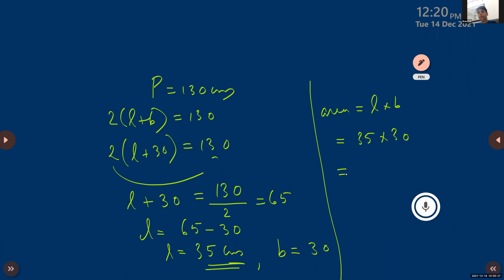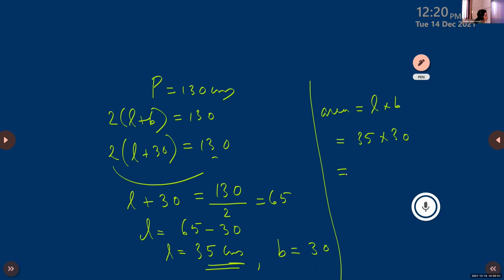Read the number carefully. 1050. 1050 centimeters square, children.